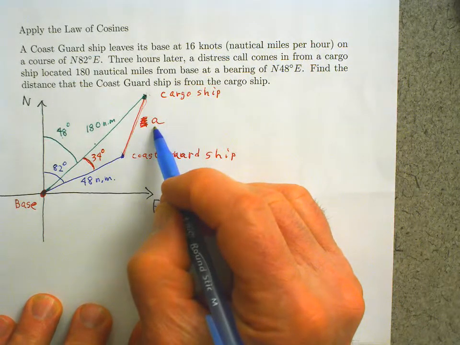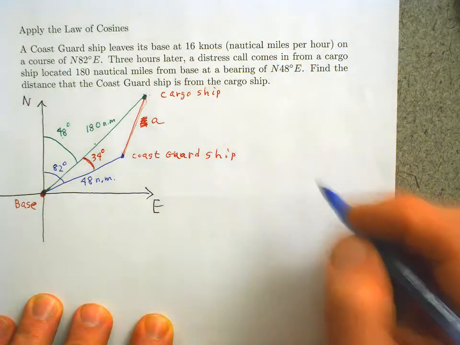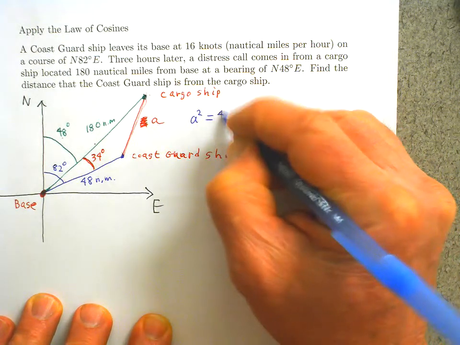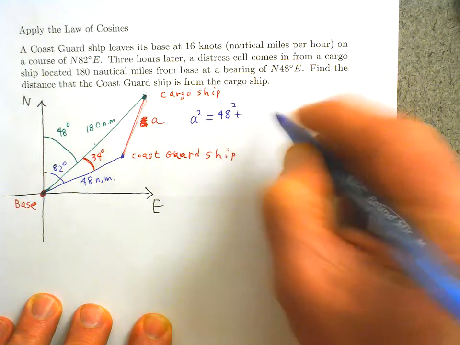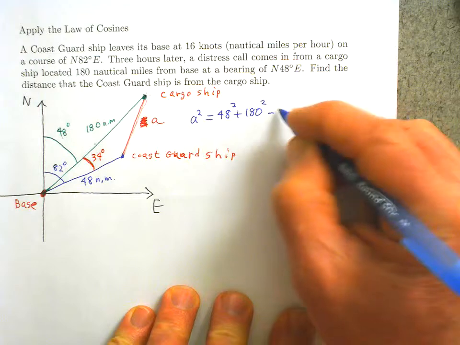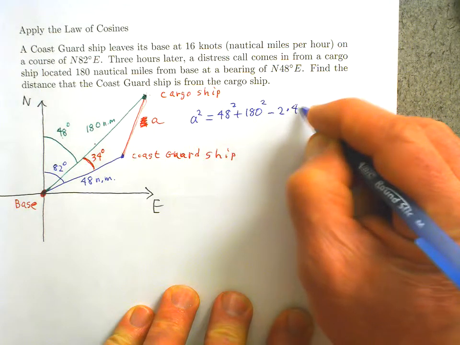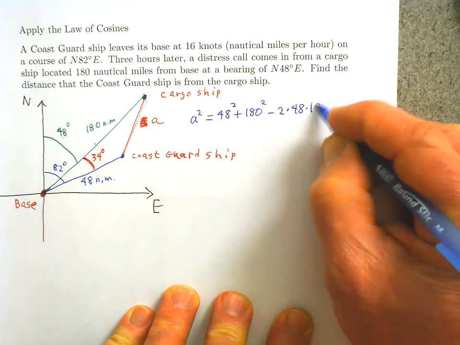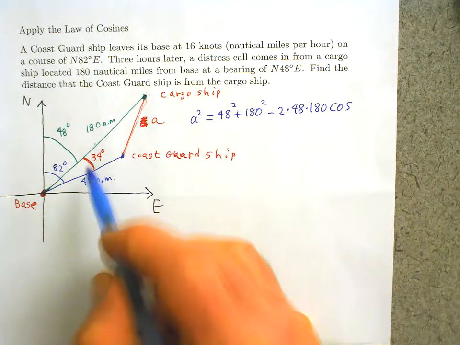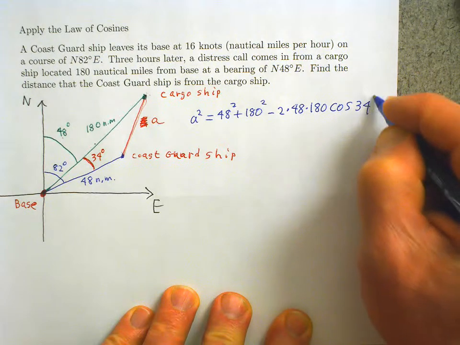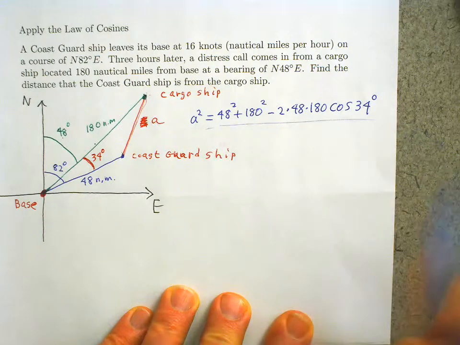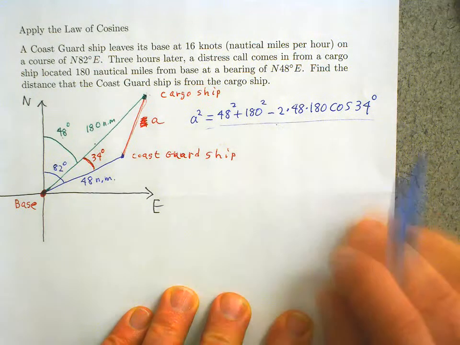So using the law of cosines, we can write that a squared is equal to 48 squared plus 180 squared minus 2 times 48 times 180 times the cosine of this angle, 34 degrees. Okay, so with a calculator, we can find all of the numbers on the right-hand side, and so a is just the square root of that.